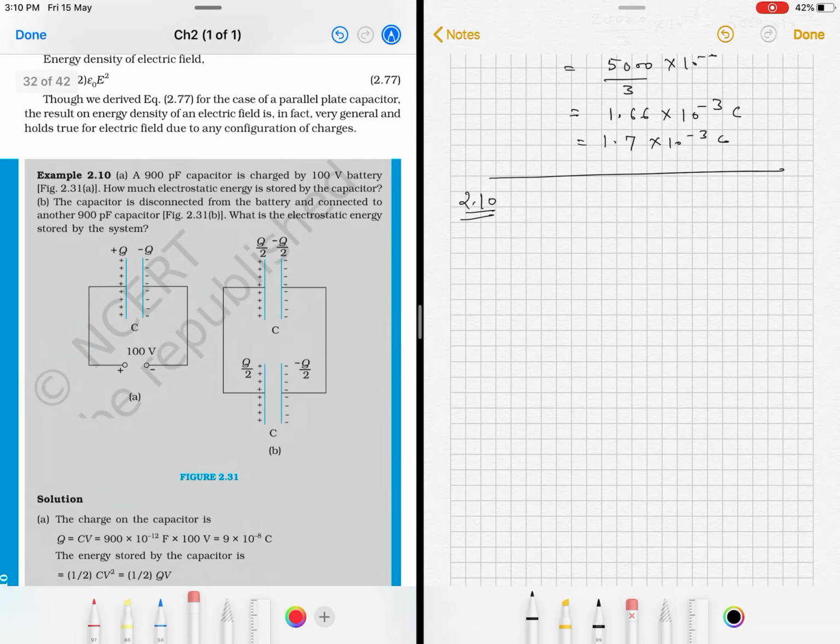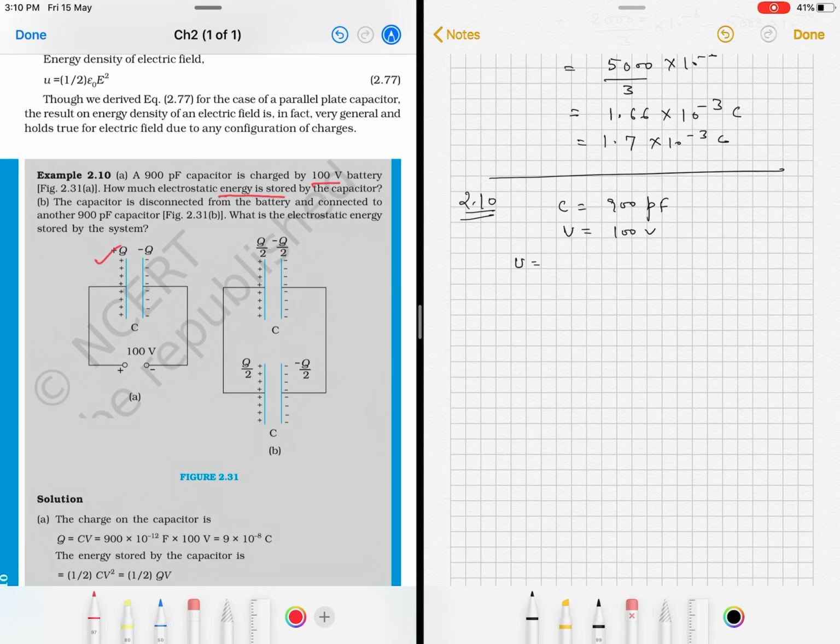Here a 900 picofarad capacitance is given initially, charged by a 100 volt battery. So V is equal to 100 volt. How much electrostatic energy is stored? First question is electrostatic energy stored.